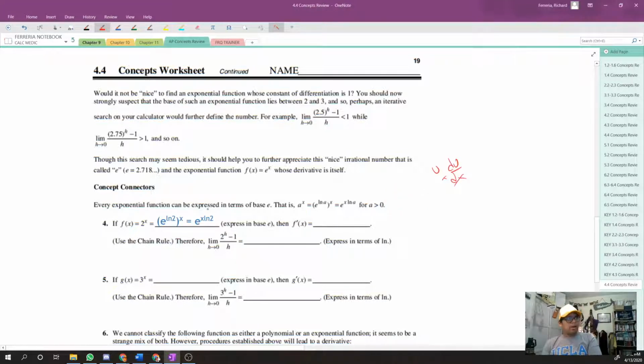In our case, our du dx is the derivative of x natural log of 2, which is just natural log of 2. So the derivative of 2 to the x is e to the x log 2 multiplied by the natural log of 2. Of course, the natural log of 2 is a number less than 1 because 2 is less than the base e.